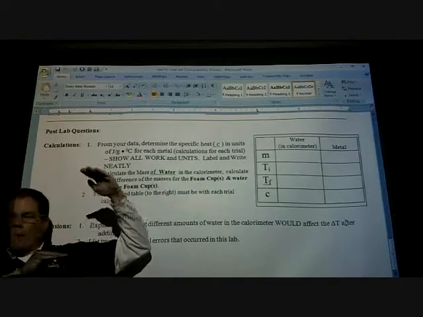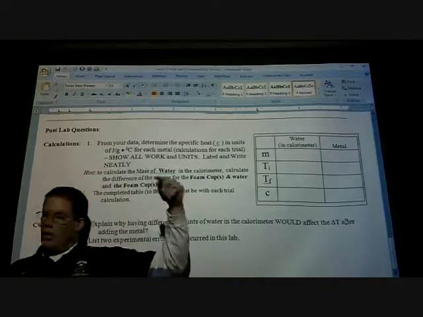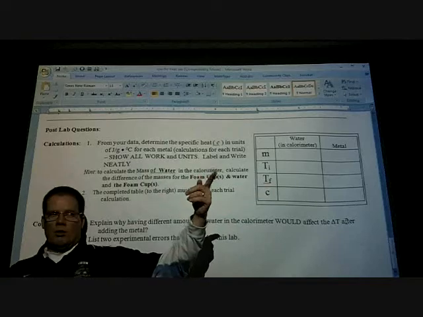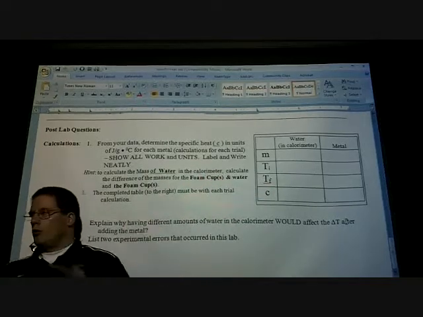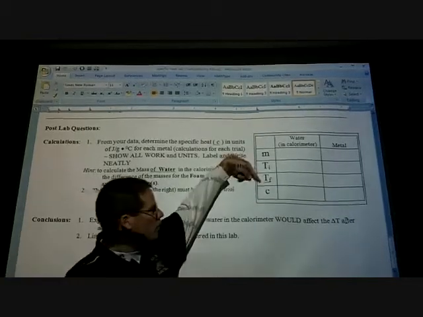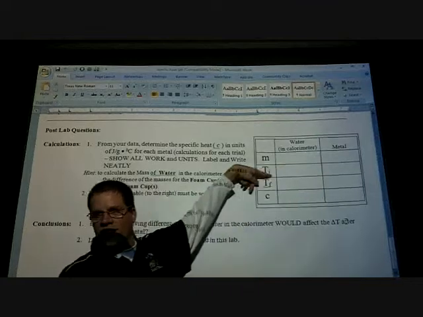So the calibration on that might not be right. Some of you did have water boiled at 100 degrees. Some of you didn't. Most of you didn't. So talk about the thermometer, how it's not as accurate as it could be. Okay. So again, I just gave you your two sources of error. Just make sure you explain it.